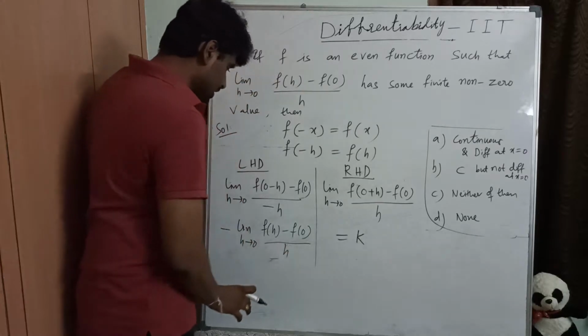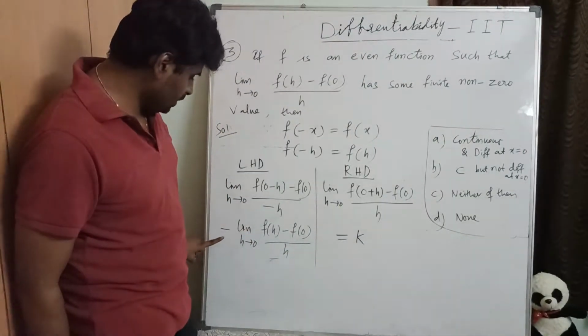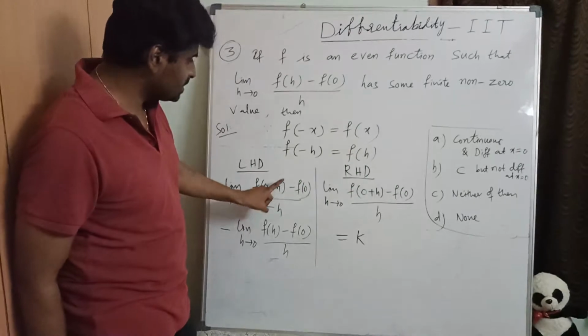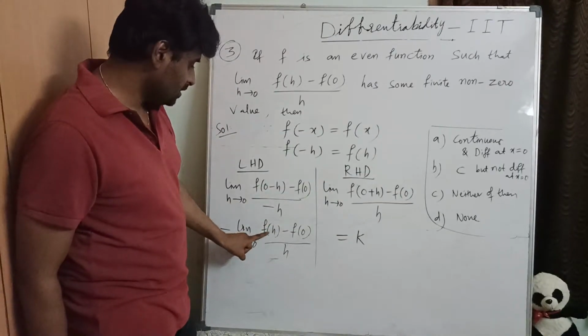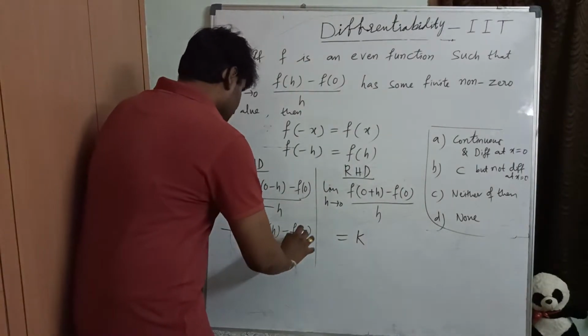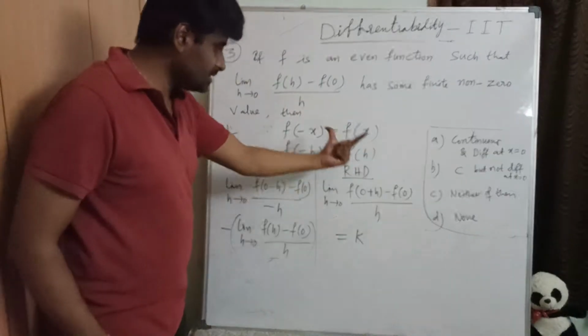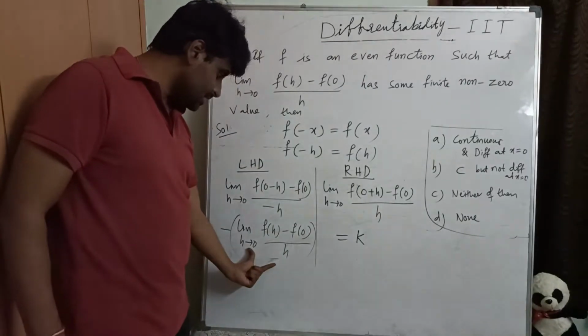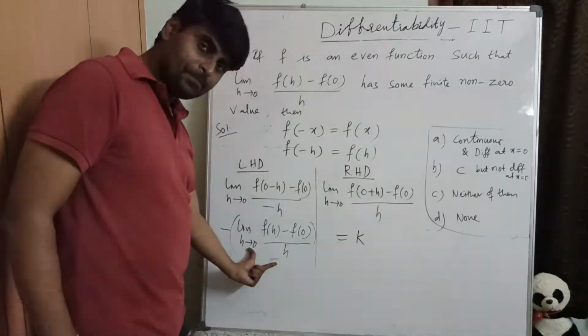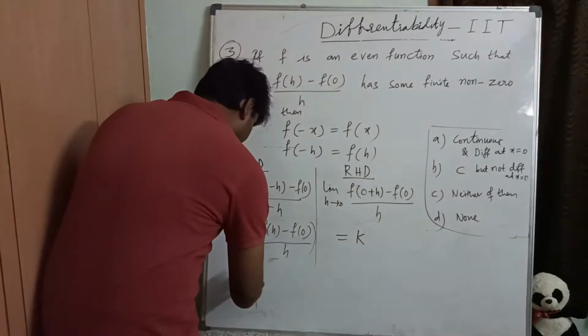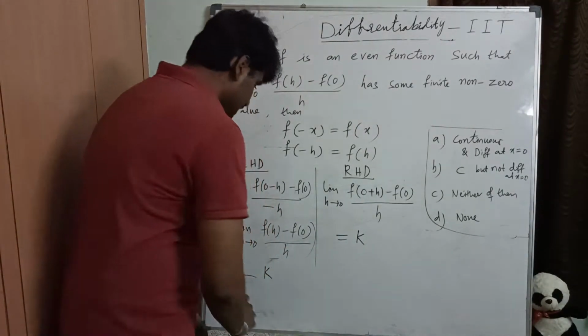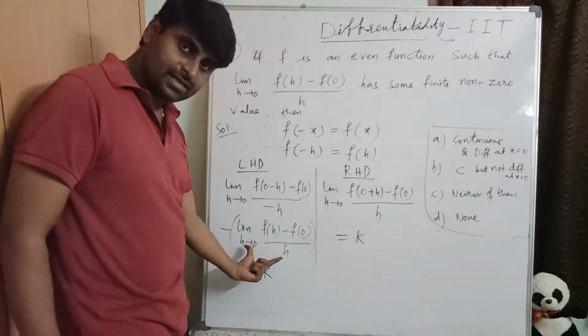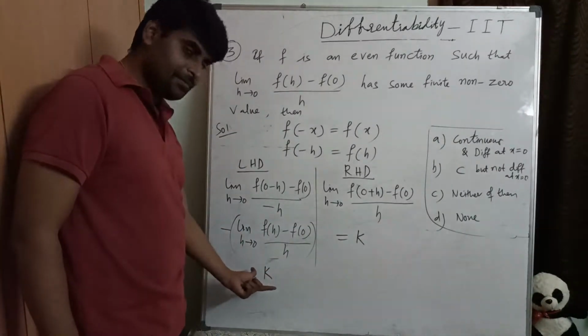Is it the same as the given thing? This is RHD, whose value is k. So this will be minus k, correct? So RHD is k and LHD is minus k.